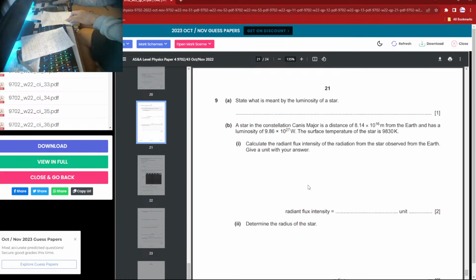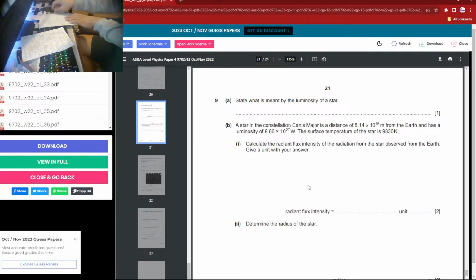L is 9.86 times 10 to the power 27 over 4 pi. Separation is 8.14 times 10 to the power 16.